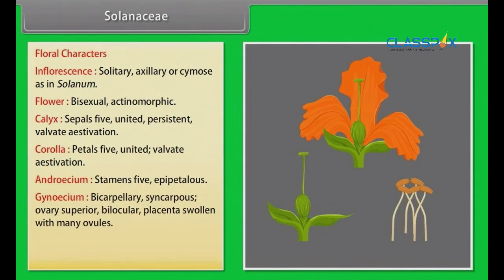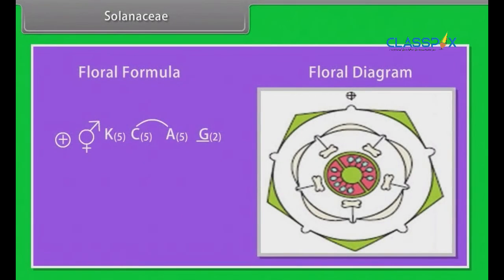Gynoecium bicarpellary, syncarpous, ovary superior, bilocular, placenta swollen with many ovules. Fruits berry or capsule. Seeds many, endospermous. Floral formula is shown, and this is the floral diagram.